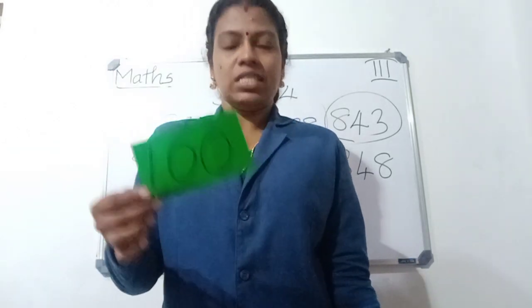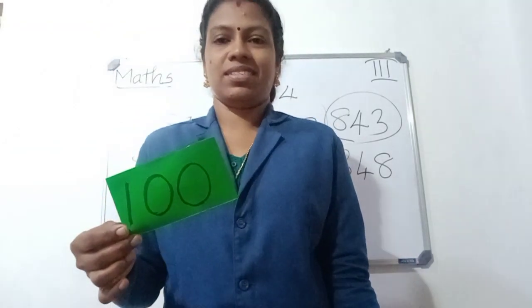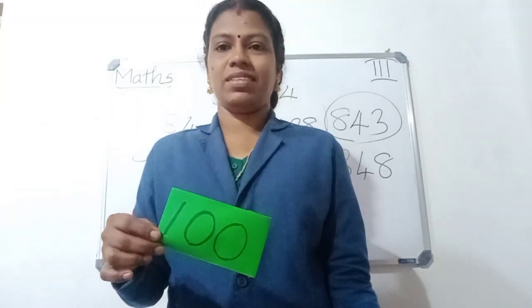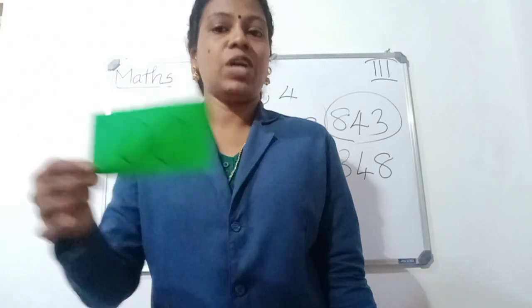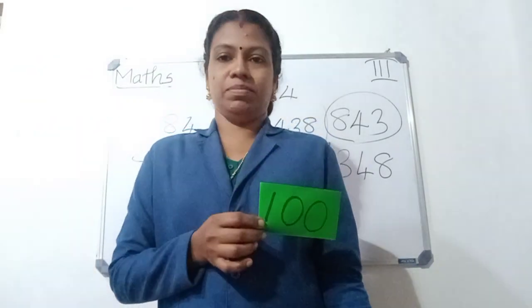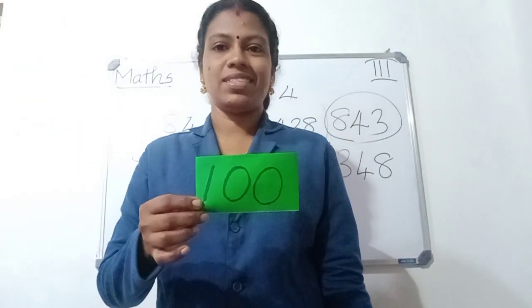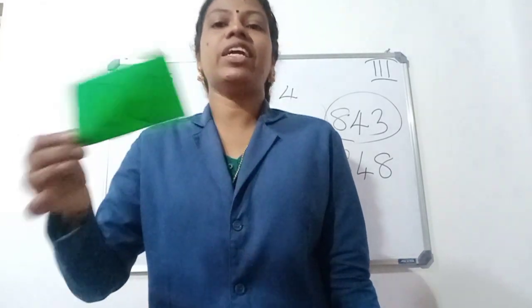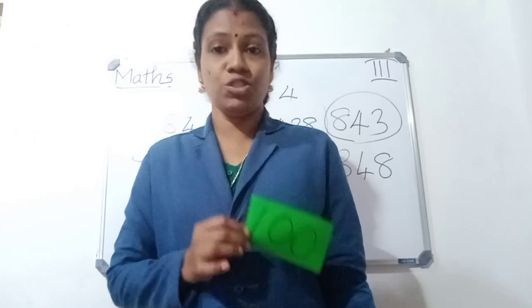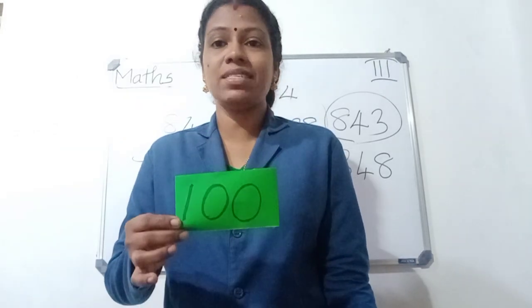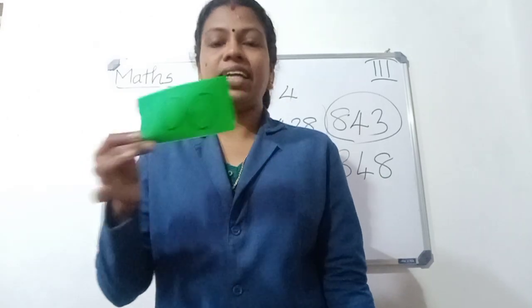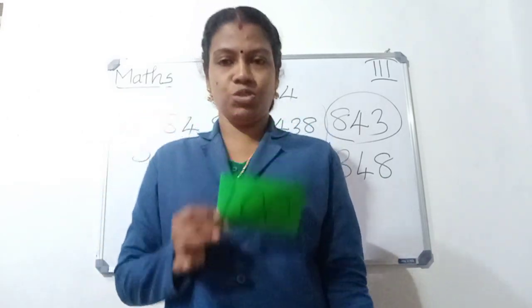We call this 100 as another name, another term. 100 is known as century. If it is the number 100, we can call it as a century. So century means 100. That number is called century.